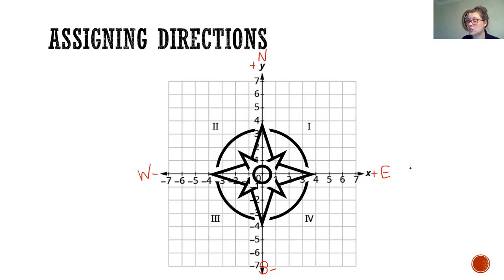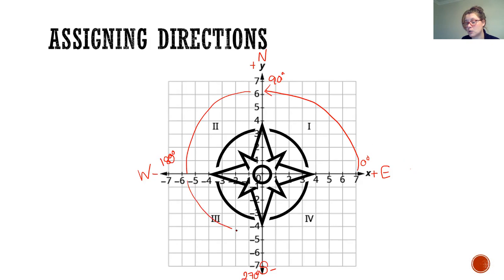Now, if we assign them using degrees, remember from before, the first quadrant takes us from 0 degrees to 90 degrees. The next one starts at 90 and takes us to 180 degrees. Then here we go to 270 degrees.